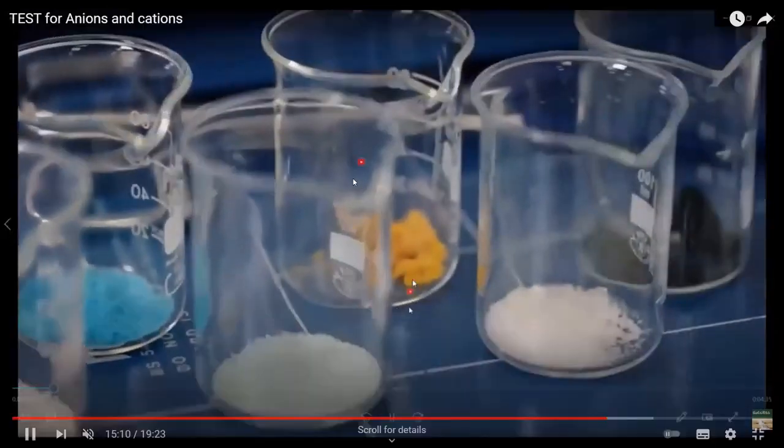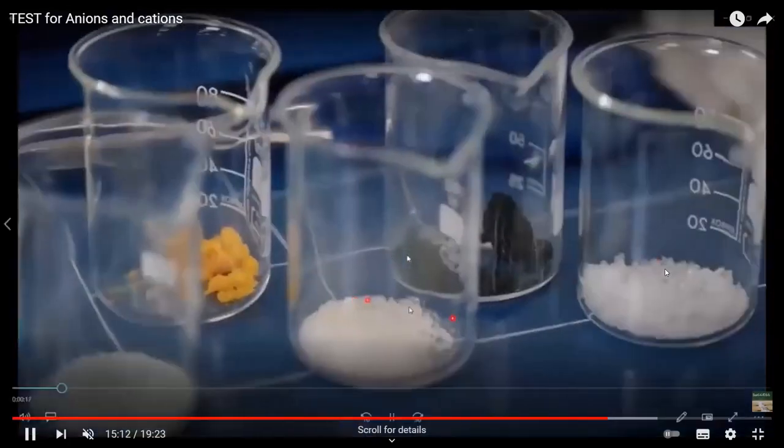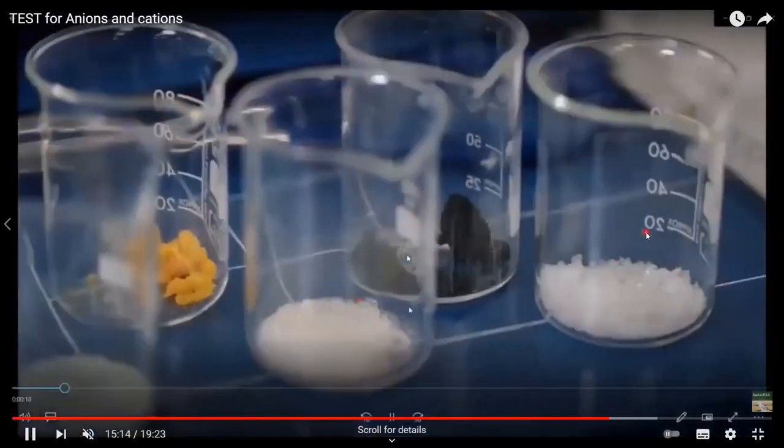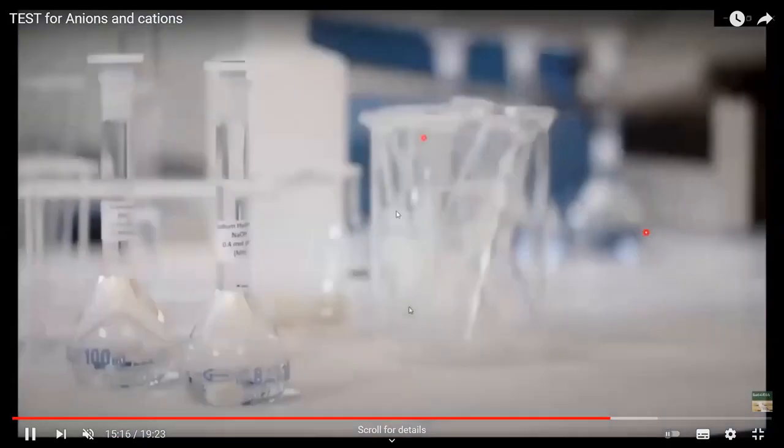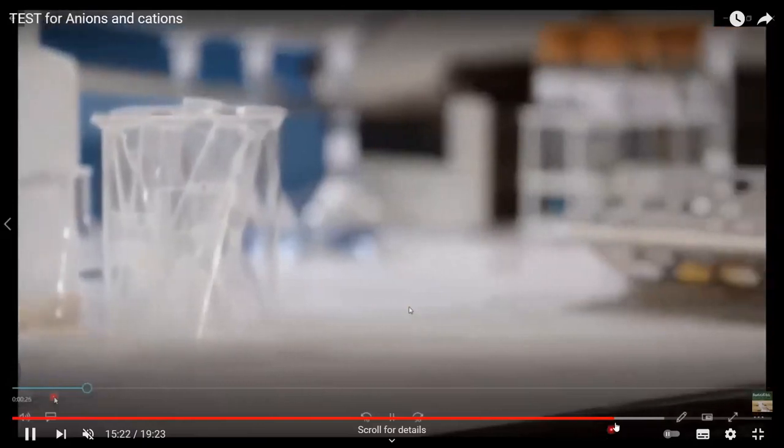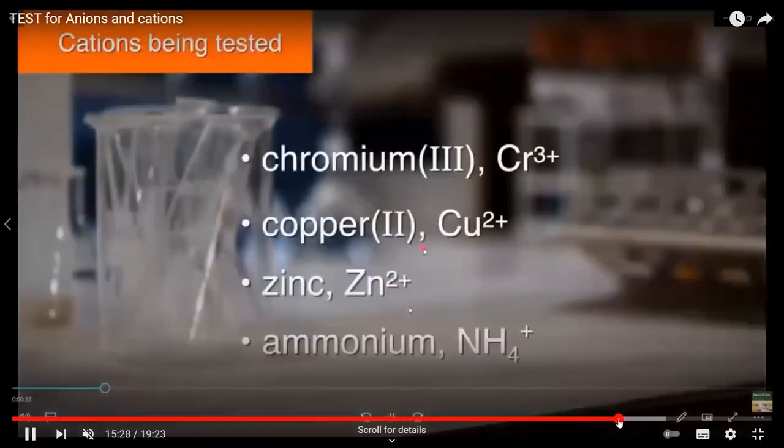Some of the salts are colored, meaning there is a transition element, and some of the salts are white, meaning these are group 1, 2 or 3 salts. First we'll make a salt solution, and to the salt solution we will add sodium hydroxide. For example, here we want to check chromium, copper, zinc and ammonium. So how can we test?